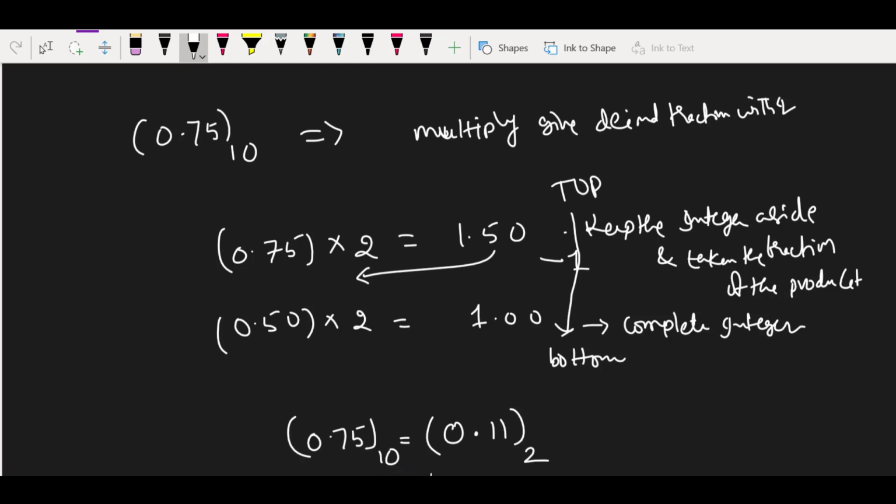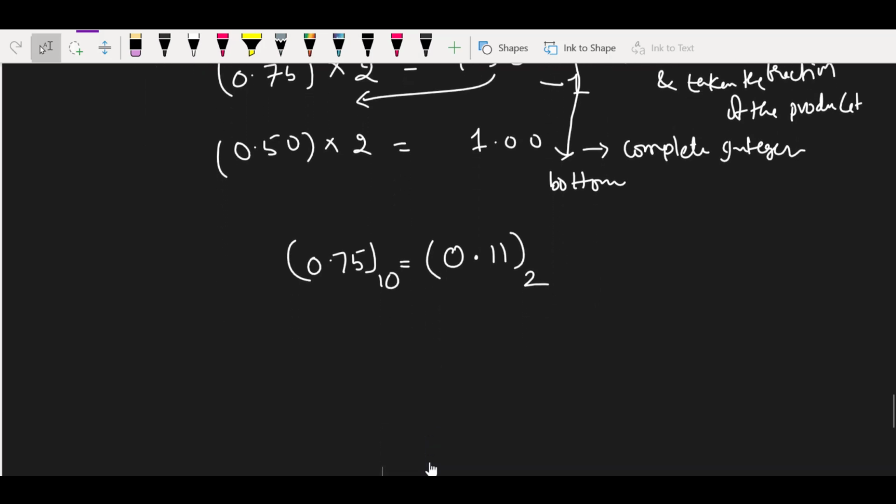So we'll take one more example for a better understanding. Let's take 0.25. As I said, first multiply with 2, you are going to get 0.50.